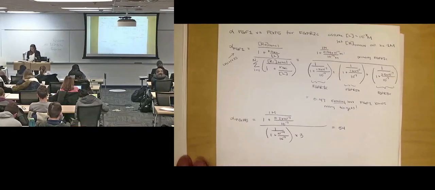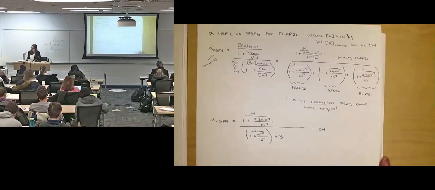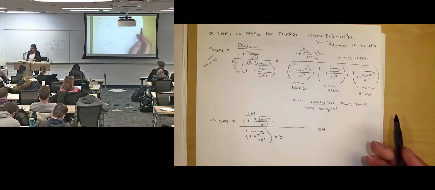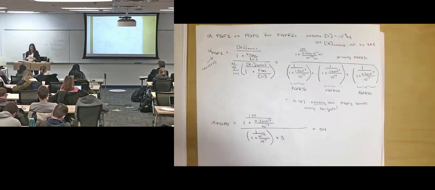So sort of a way to interpret this is that FGF5 is more than 50 times more likely to be bound to FGFR2C receptor than all other receptors combined. Okay?